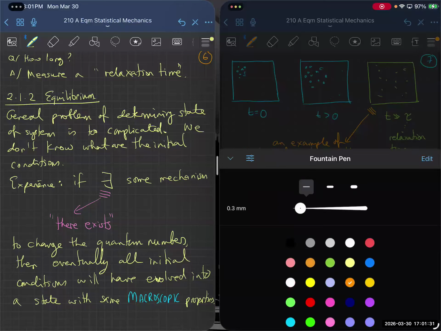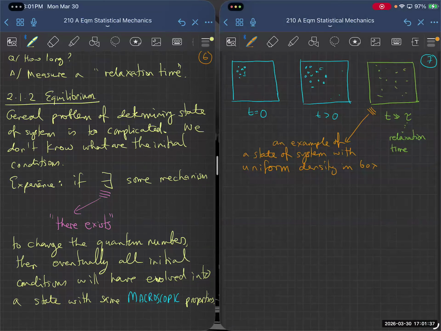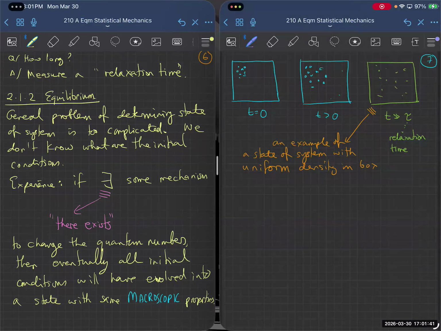And then these other ones here are time-dependent states with non-uniform density. Okay, so that's a picture.